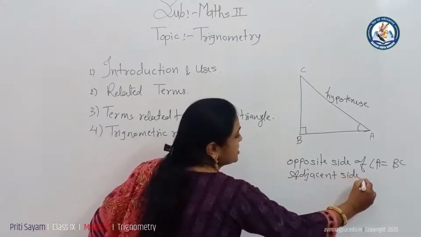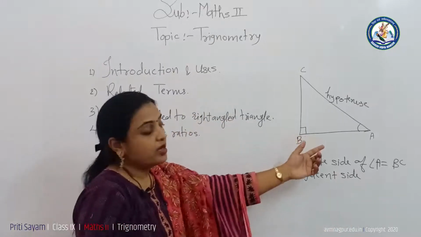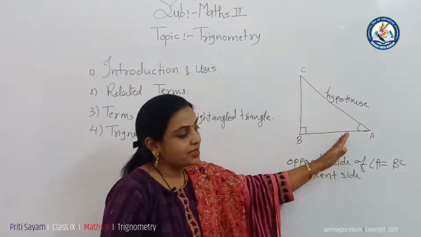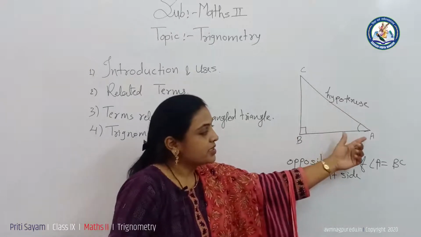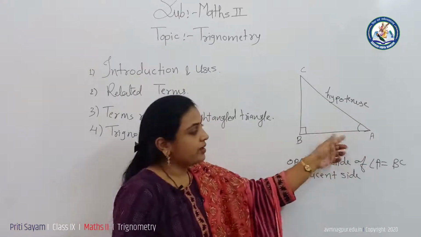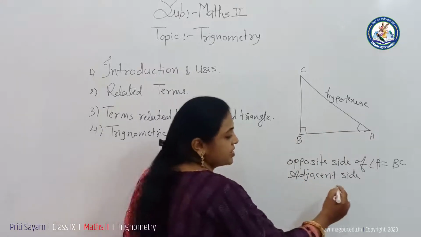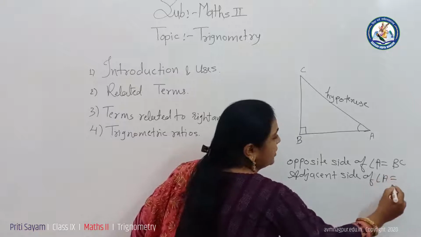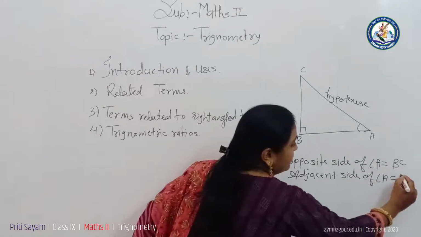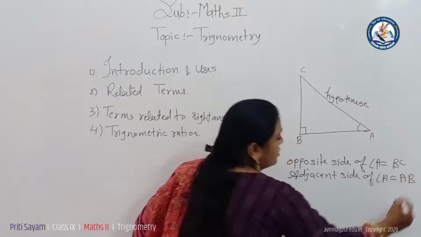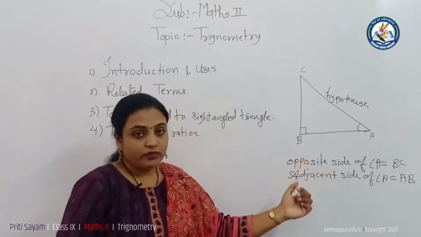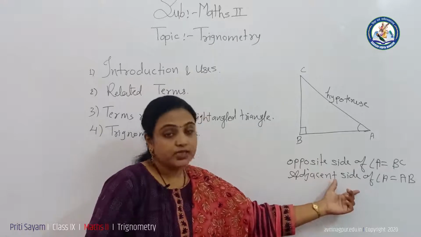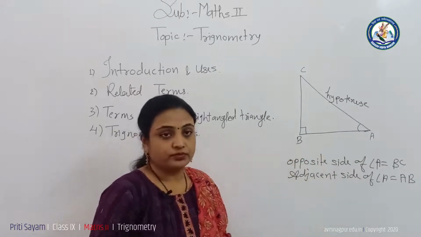Adjacent side means just the neighboring side of the angle. This is the hypotenuse, so we do not consider this side. The adjacent side means this side, angle A's neighbor side, which is AB. So the opposite side of angle A is BC and the adjacent side of angle A is AB.